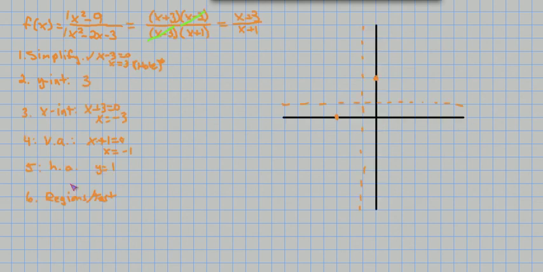Now, here's where we get a little bit of a change, nothing drastic. Our regions to the left, we've got a couple things that we probably need to look at, mainly because of that issue with our x-intercept at negative 3, but we've got a hole at positive 3. So we're actually going to have our region number 1 over here, or region number 2 over here.